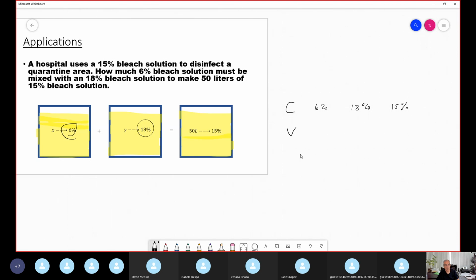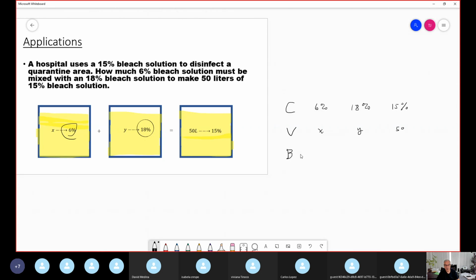And volume, but we have 2 kinds of volume. I call X, I call Y, and I call 50, because it's giving the volume that we need. To find the bleach volume, no? In liters. So this is volume in liters.